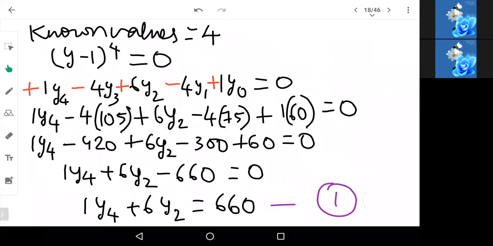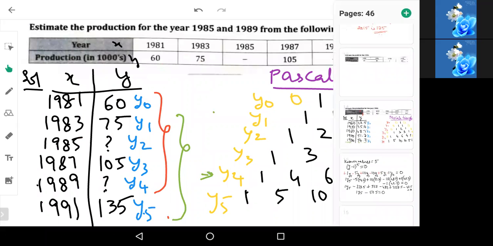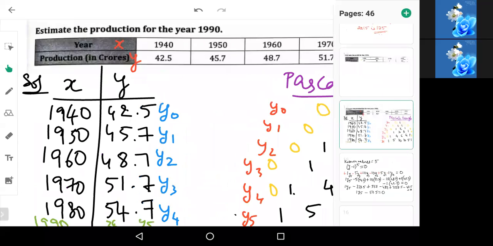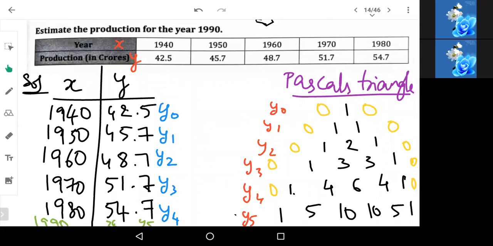Another type of problem is when they ask you to find or estimate the data either after or before. They can ask you 1930 data or they can ask you 1990 data. Here they have asked for 1990 data. Now in this, apart from the 5 years, we are going to take the next data as the 6th year, so from Y0 till Y5.